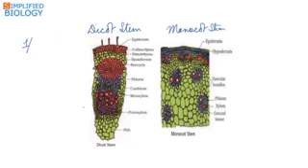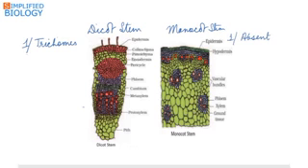Next point, the vascular bundle is arranged in a ring in dicot, and in a scattered manner in monocot. The vascular bundle in dicot is collateral open. It means in between the xylem and the phloem cambium is present, so it is called a collateral open vascular bundle.